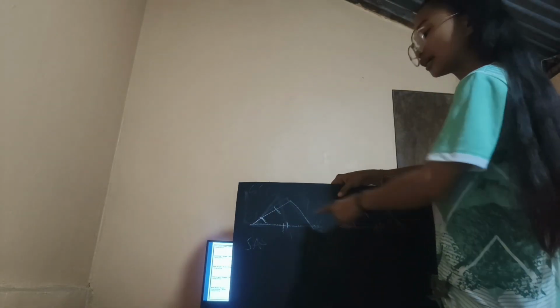This is what we call side-angle-side. Two sides are equal, the other two sides are equal, and they have the same angle, which is 90 degrees. This is 90 degrees and this is 90 degrees.